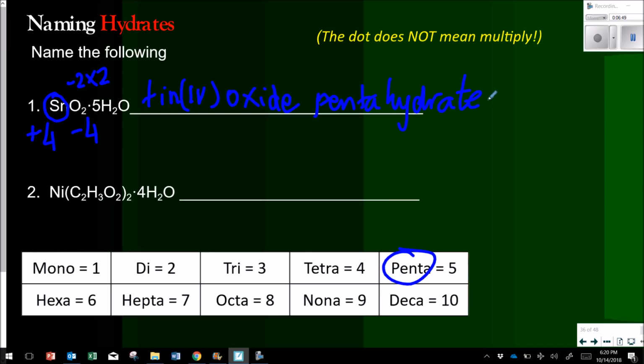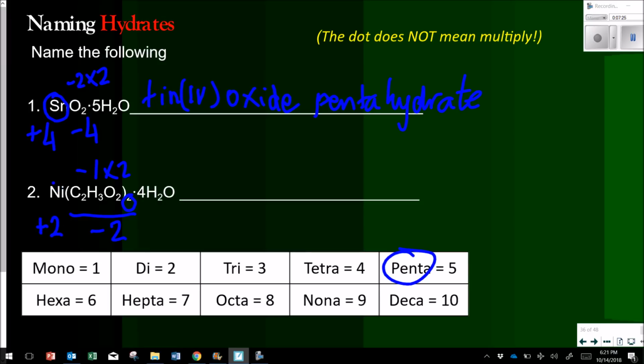And the last one, Ni(C2H3O2)2 dot 4H2O. Again, I look at my anion, which is acetate. It has a charge of -1, and I have 2 acetates, so times 2 for the total charge, so -2 on the anion side. Then I have nickel for my cation. So on the nickel side, I will have a charge of +2.